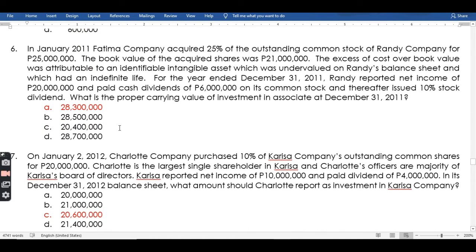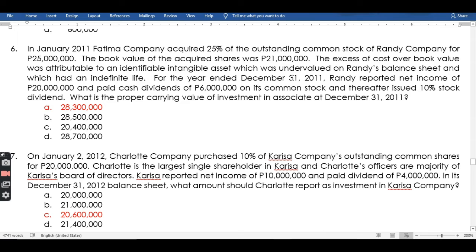Okay. 16. On January 2011, Fatima Company acquired 25% of the outstanding common stock of Randy Company for 25 million. The book value of the acquired shares was 21 million. The excess of cost over book value was attributable to an identifiable intangible asset which was undervalued on Randy's balance sheet and which had an indefinite life.